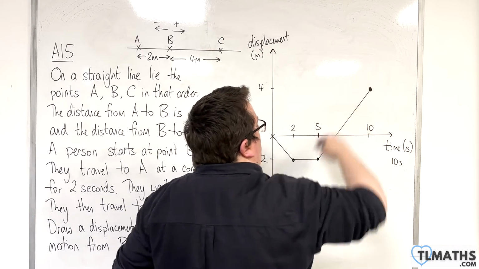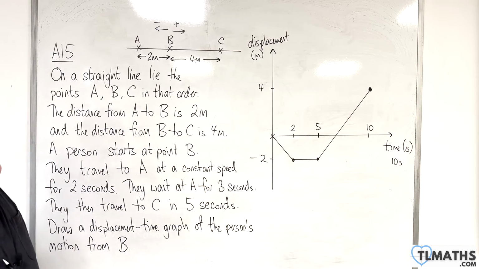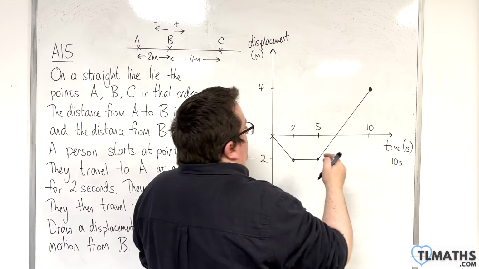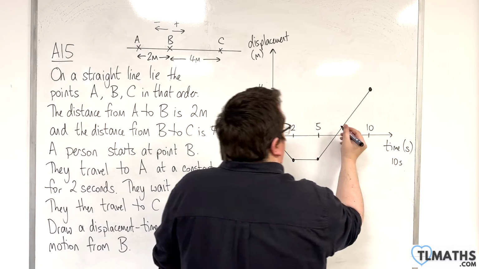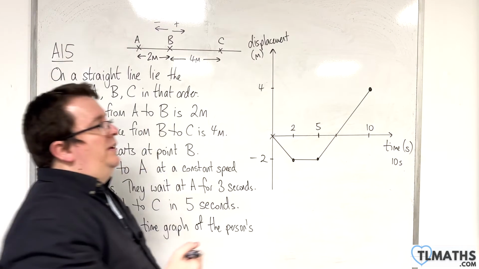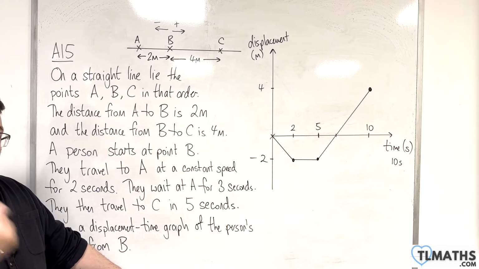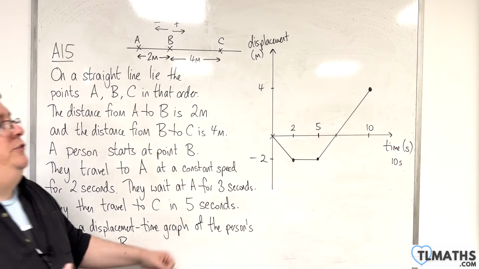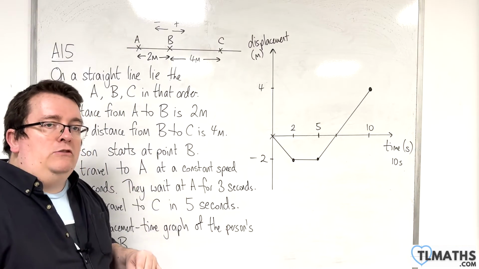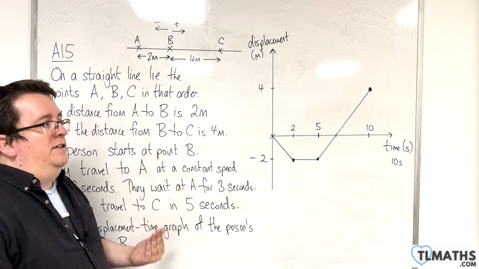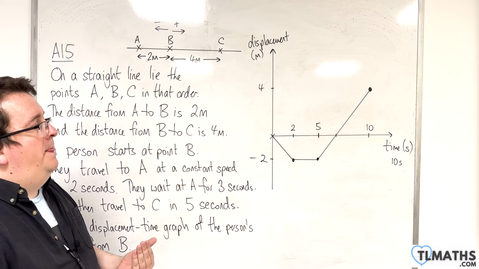So a total of 6 meters been travelled. And you've also got the fact that within those next seconds there, you will have got back to point B. So once you're on that line, your displacement from B is 0. So you have returned to B at that point.